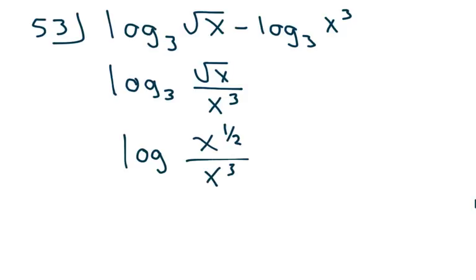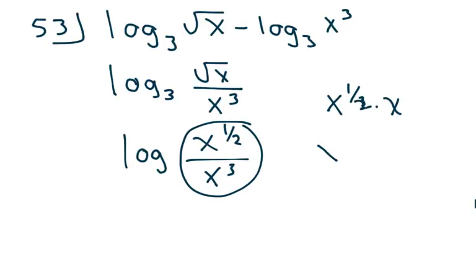So when you write this, this is like saying x, this part right here, just don't look at the logs right now. This is x to the 1/2 times x to the negative 3, which basically is x to the 1/2 minus 3, which is basically x to the 1/2 minus 6 over 2, which is basically x to the negative 5/2.